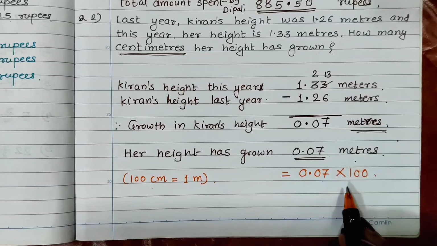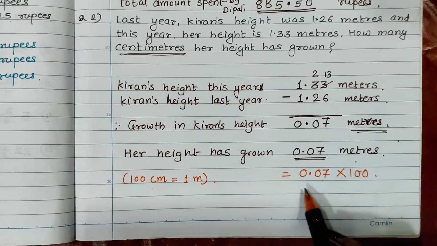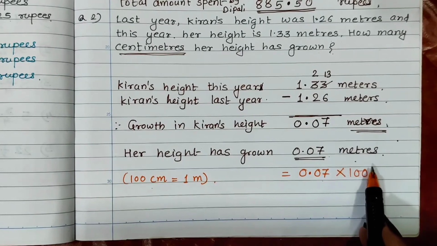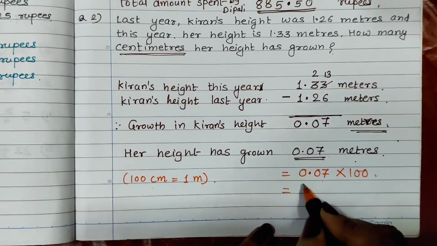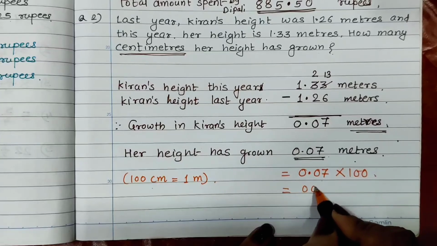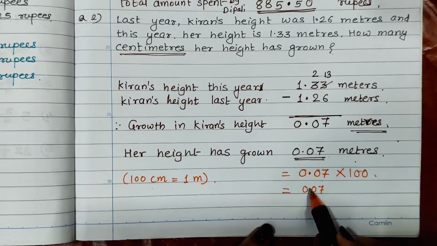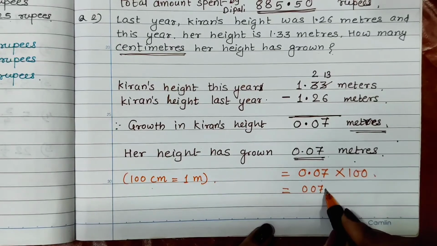As we have to multiply by 100, what will happen? In 100 there are 2 zeros. This decimal point will be transferred 2 digits to the right hand side. So I write 007, and this decimal point will go 2 digits to the right. So it will come here.